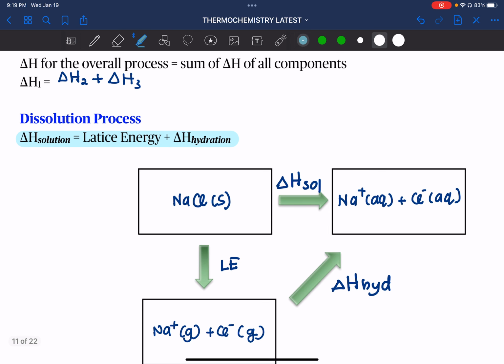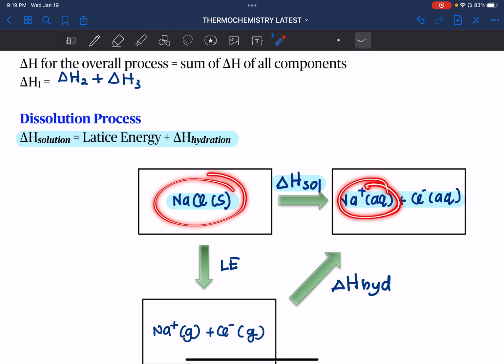So when sodium chloride solid becomes aqueous ion, proses ini adalah solution. Ingat balik enthalpy of solution punya definition, di mana the substance turns into aqueous ion. So this is enthalpy of solution.